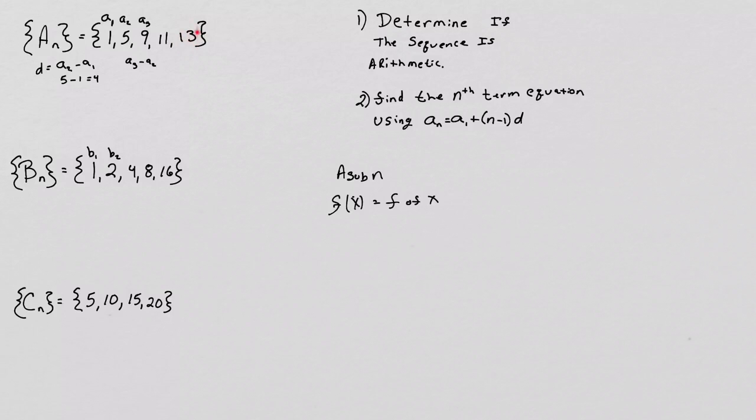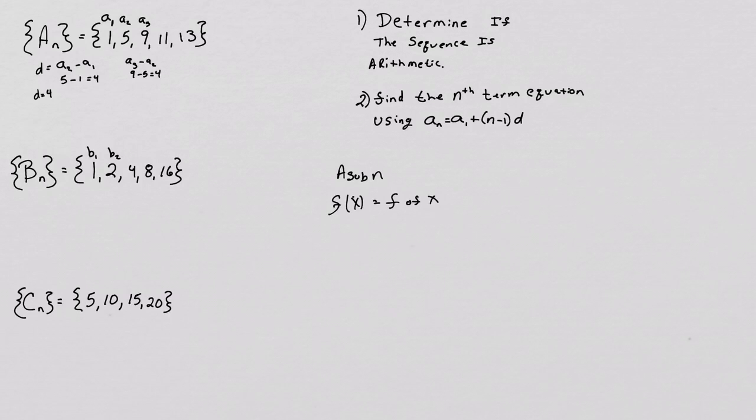And you're going to take the further out number, like in this case, A sub 3, and we're going to subtract it from the number that comes before it, which is A sub 2. So this becomes 9 minus 5, which is 4. So that means for this arithmetic sequence, my common difference is 4, and it is an arithmetic sequence because there is a common difference. A sub 1 is always going to be denoted as our first term.